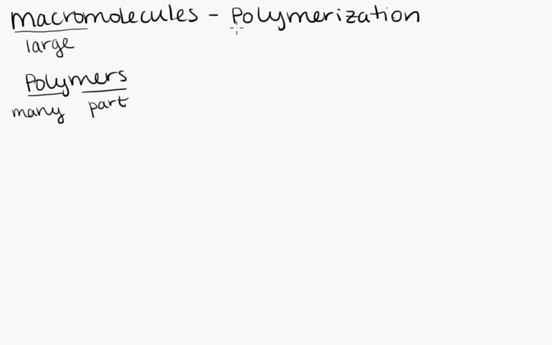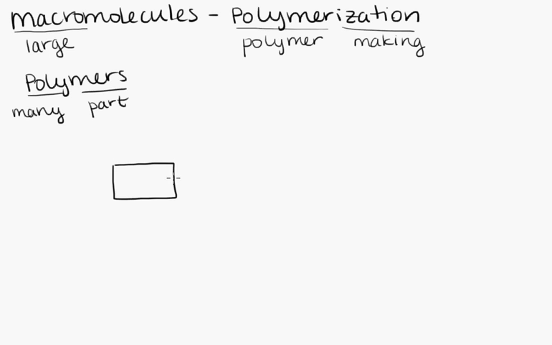So when we're talking about polymerization, this is making a polymer. And all of the polymers, all of these macromolecules, are made in the exact same way. So we can take a pretend monomer here, and I'll have an OH group, a hydroxyl group. Here's another monomer.